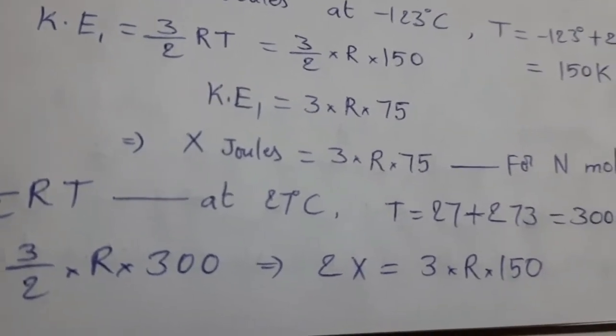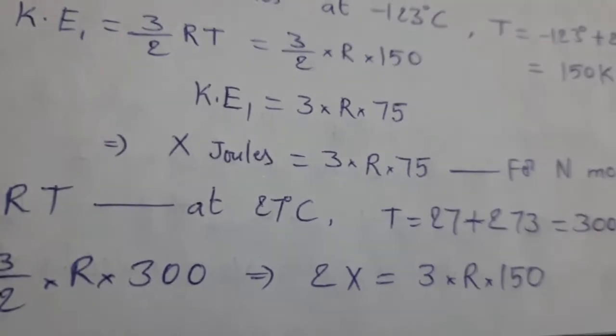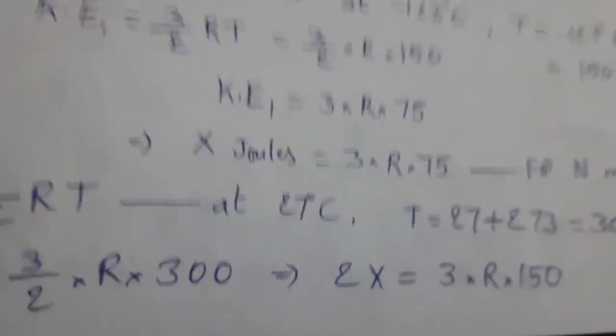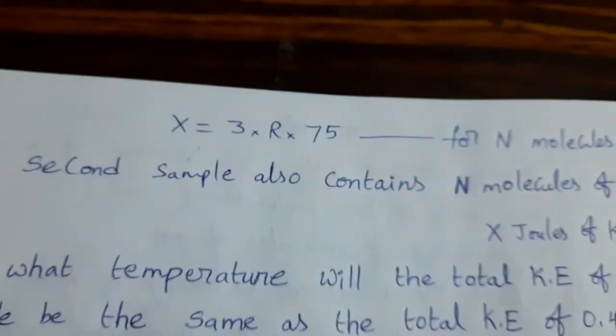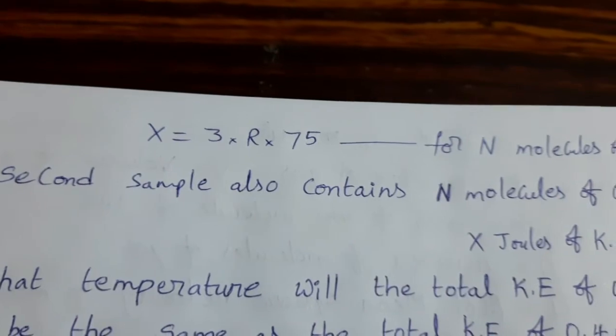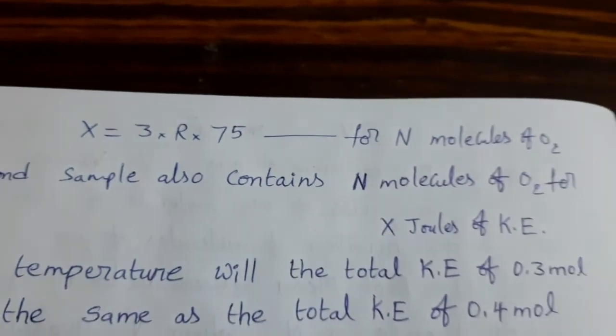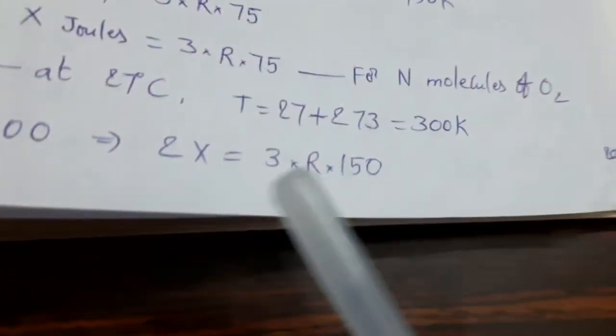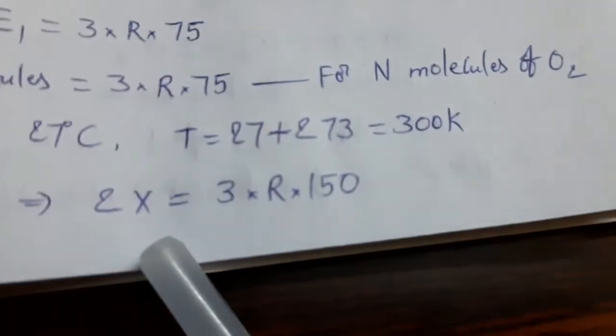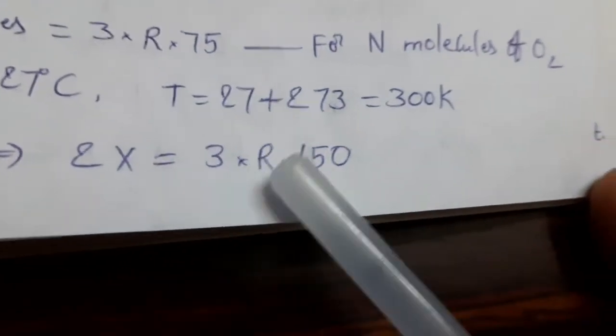So 2x equal to 3 into R into 150. From this, x equal to 3 into R into 75 for n molecules of O2.